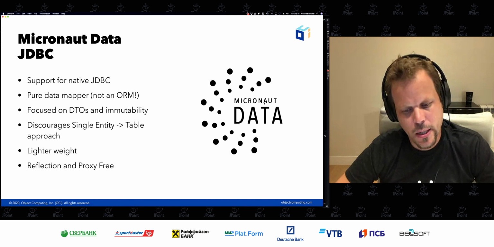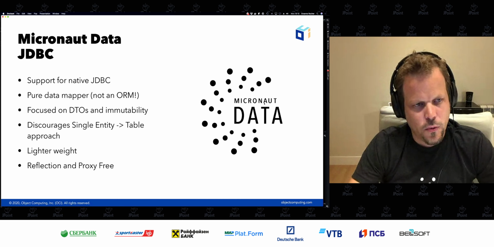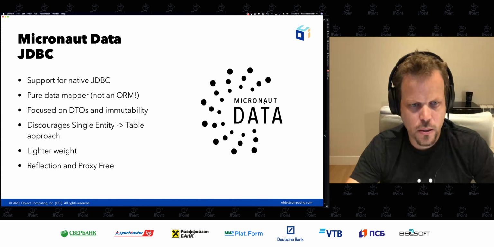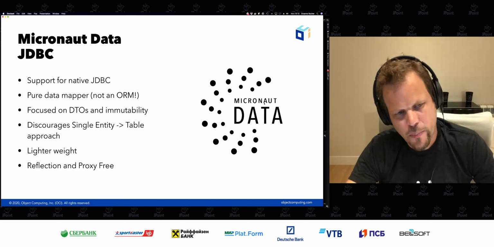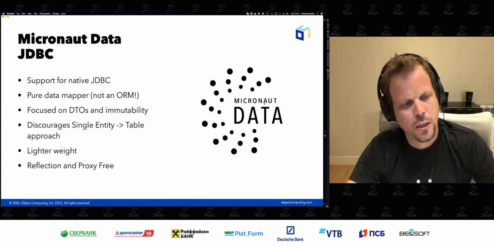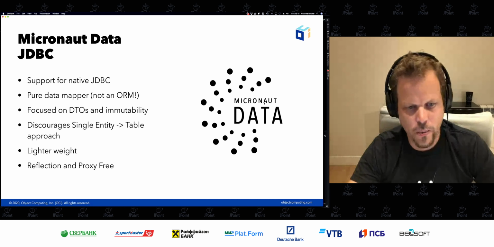Then the second implementation for Micronaut Data that we have is Micronaut Data JDBC, and that is essentially a native implementation for JDBC where we actually compute SQL queries directly. So it's a pure data mapper approach. It's not an object relational mapping toolkit. It's, I have these records coming back from the database, and I want to map them to these POJOs.